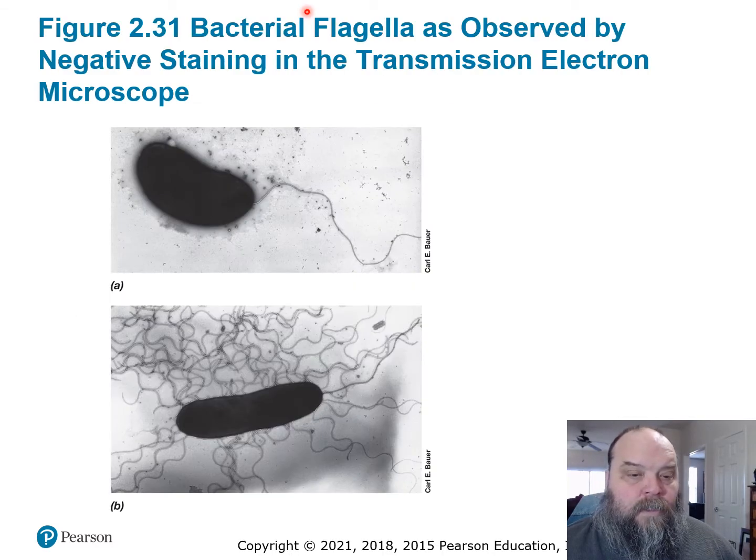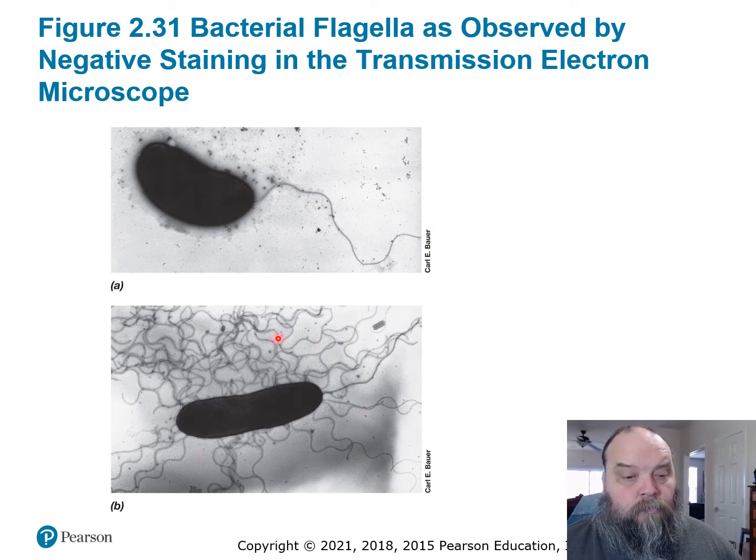Here again, you can see this long, thin, hair-like projection is all the proteins that have complexed together. And when I say all the proteins, it's actually one protein, just millions and millions of copies of it, a protein called flagellin. They all complex together to form this long, thin strand.